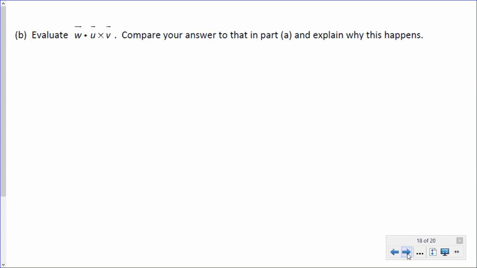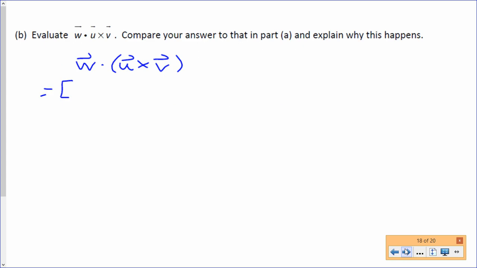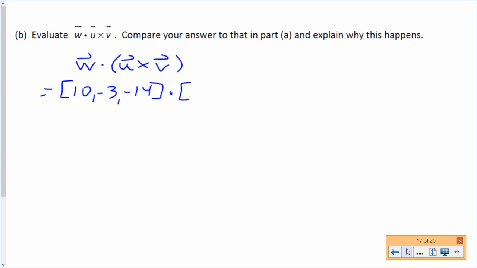So just so you have it filled in on your paper, we already have the vectors. You don't have to redo your cross product. Vector W, 10, -3, -14, dotted with U cross V. U cross V is 13, -22, 14.